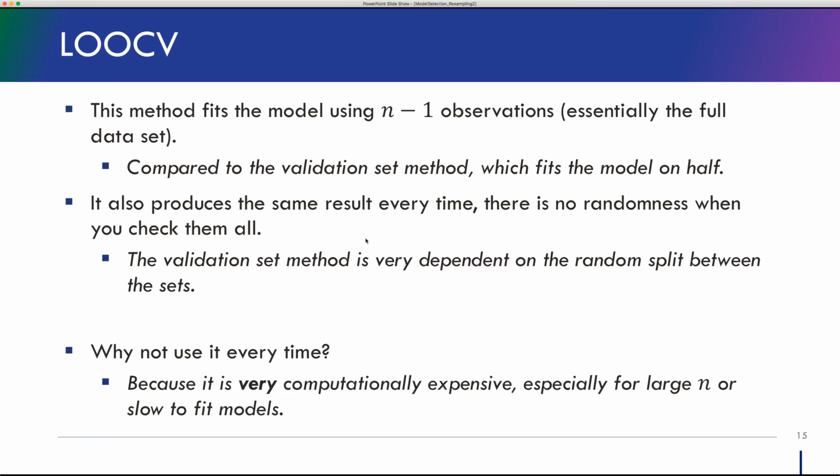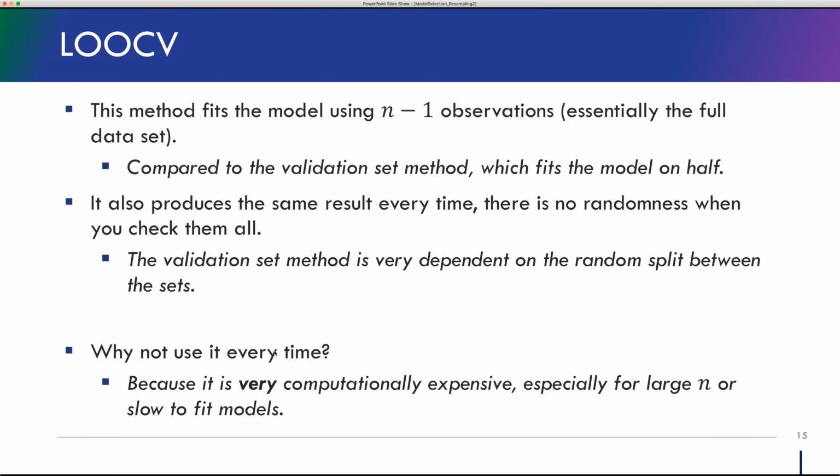There's no randomness when you check them all. You check them one by one and you take the average of the mean square errors. It won't change every time you do the whole process, I mean, for the final cross-validation error. Well, the validation set method will vary depending on the random split of the data.